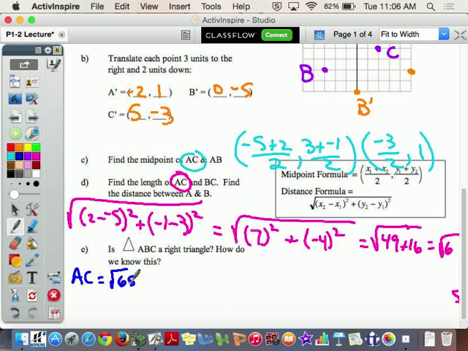If I looked at BC, when I did the work, I got the square root of 29. And AB turned out to be the square root of 40, which could be simplified, but for purposes right now of finding the right triangle, we're just going to leave it.